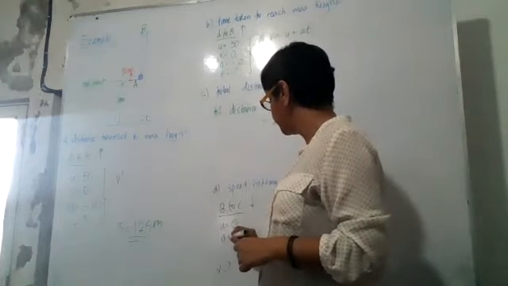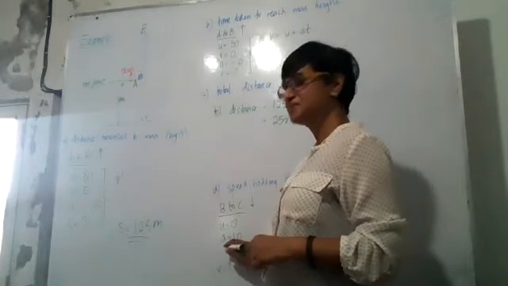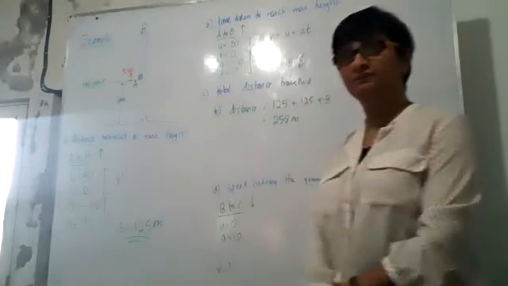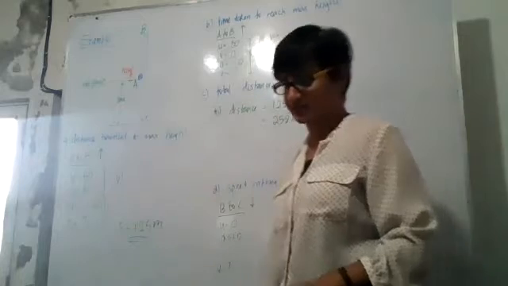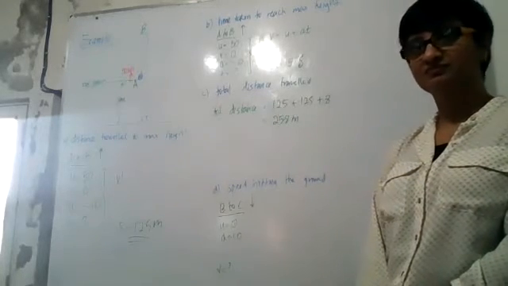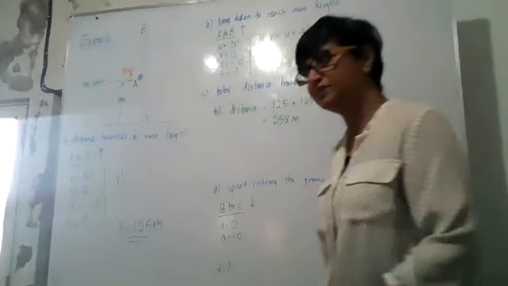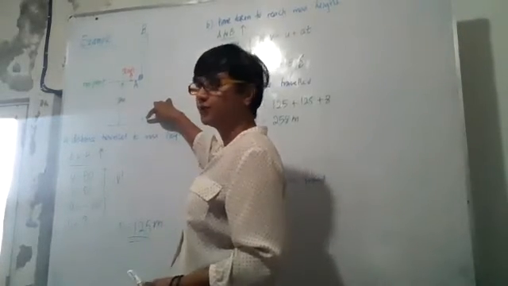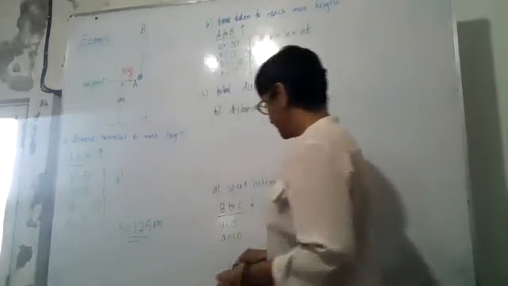A is 10. Then we know that for the displacement at B to C, we know S equals 100. B to C? Yeah, B to C. Independent of this. We are just doing this. So we don't know the distance yet. Do we have the time? Do we have S from B to C? No. Do we have the time from B to C? No. These are the only things we have.